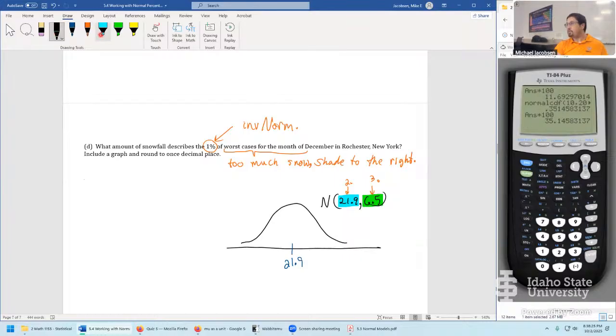And when we say 1% of worst cases, well, we're going to put in a value somewhere out here. I'll call it X again. And this is shading to the right. So that's the 1% right here. As a decimal, we move 2 spots to the left where that point is by the symbol. We get 0.01.